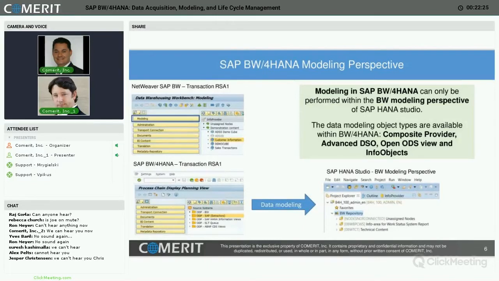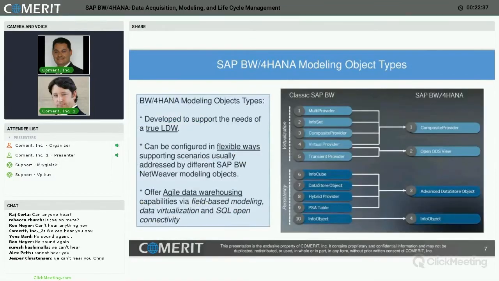People that have a background in NetWeaver BW will quickly adjust or transition to the new BW for HANA object types. So I'm accessing HANA Studio, I'm getting to the modeling perspective, and then I have some options in there. The first thing that you're going to notice is that there are info areas.